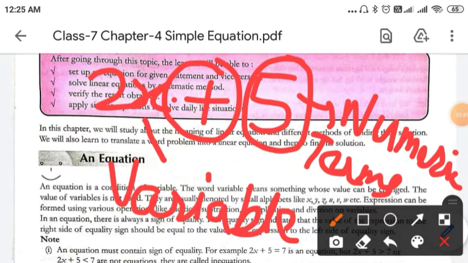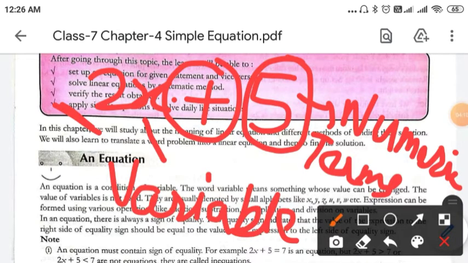So here variables are combined with numeric terms. There are two numeric terms here. The first one is 5, which is separate and does not have any variable with it. The second numeric term is with the variable, in the form of multiplication.